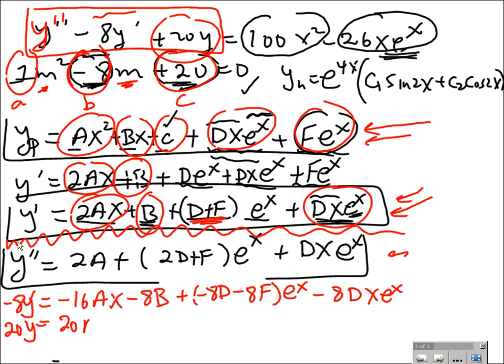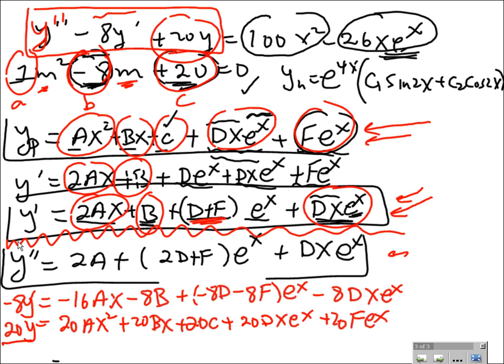So I get 20ax squared plus 20bx plus 20c plus 20x e to the x, 20 dx e to the x, plus 20f e to the x.